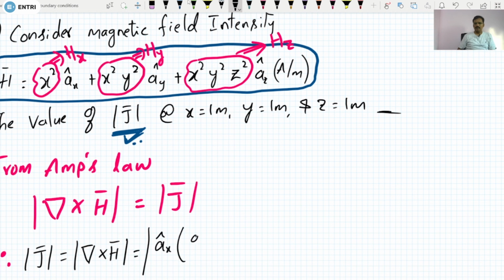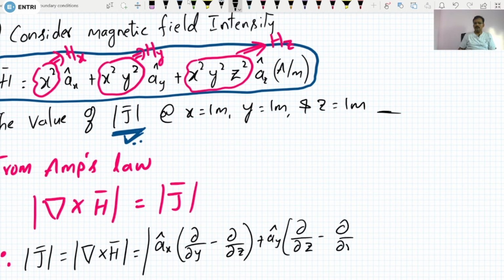So ax cap into dou by dou y of Hz minus dou by dou z of Hy, plus ay cap into dou by dou z of Hx minus dou by dou x of Hz, plus az cap into dou by dou x of Hy minus dou by dou y of Hx, right?